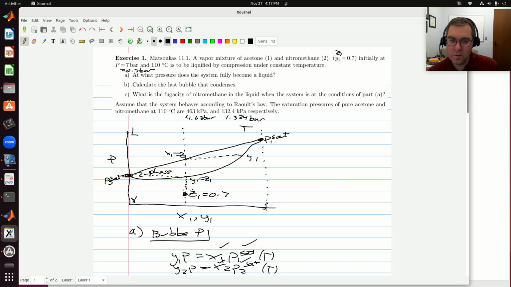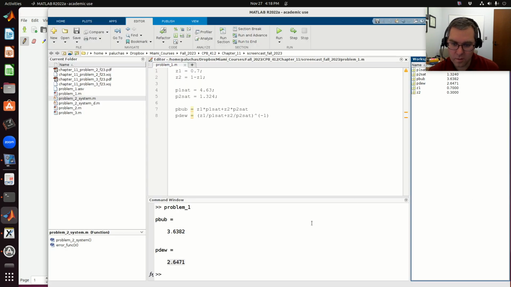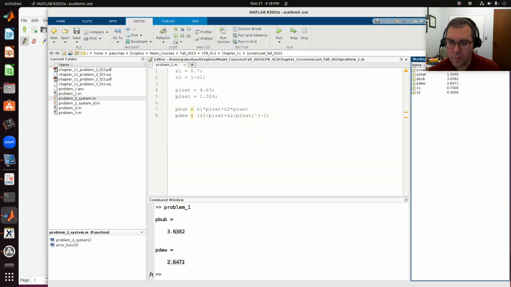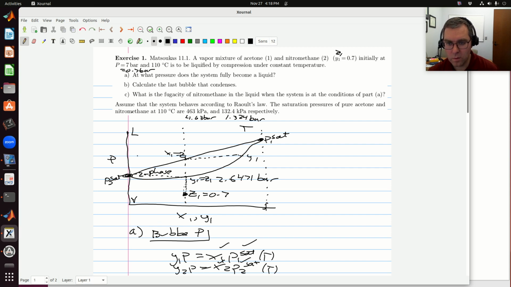So this point here, P dew, is 2.6471, and my bubble point is at 3.6382 bars.